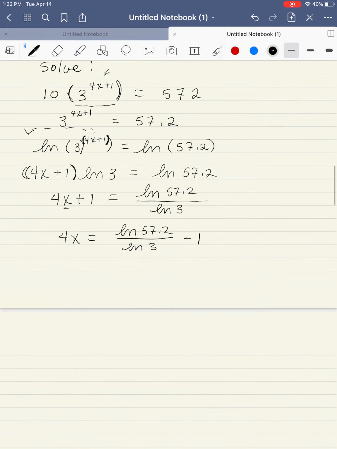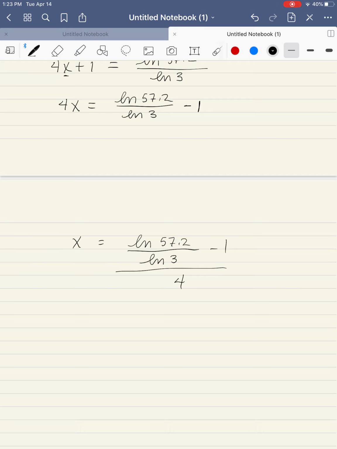And that looks really crazy. But it's important to remember the natural logarithm of 57.2 is just some number. Natural logarithm of 3 is just some number. So we can do this on our calculators, but we have to be very careful of our order of operations here. So we're going to type in ln, it will open a parenthesis, close the parenthesis, then divide by the natural logarithm of 3, close that parenthesis.